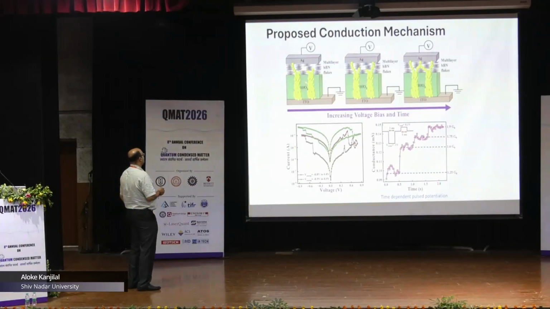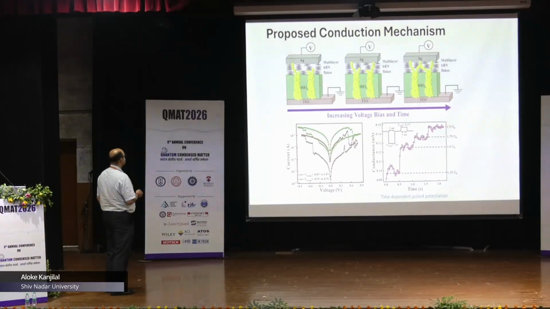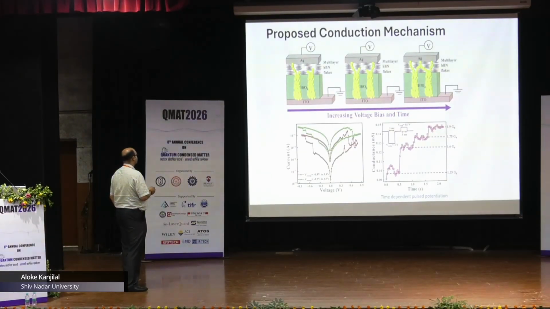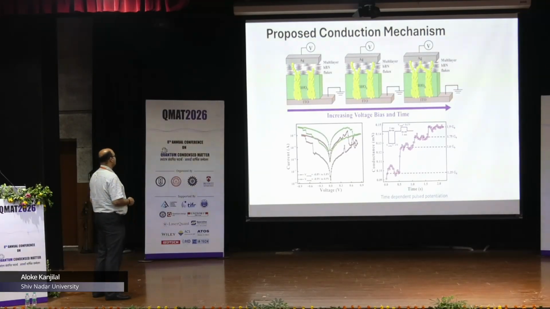Through this understanding, we make this kind of model. We are giving a model which says that at low potential the hBN layer is kind of blocked, and the vacancies reach up to here and then reach the conducting silver layer, the conductance coming through the edge of these hafnium oxide hBN flakes.